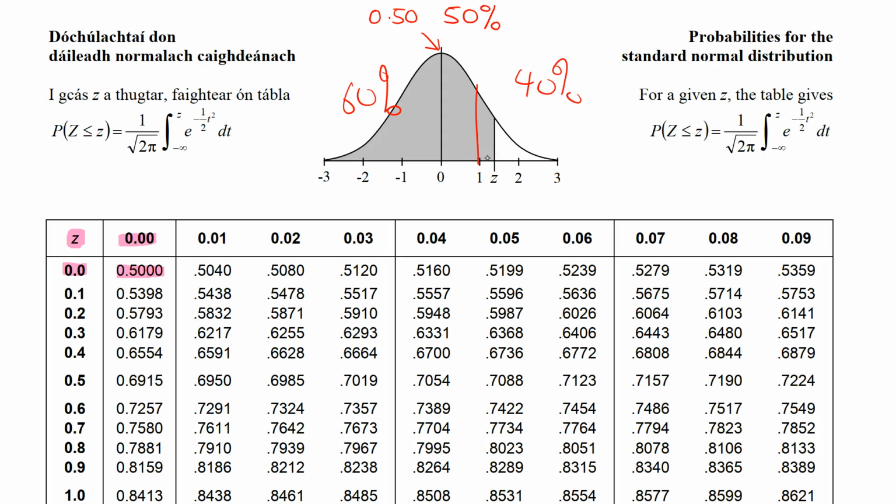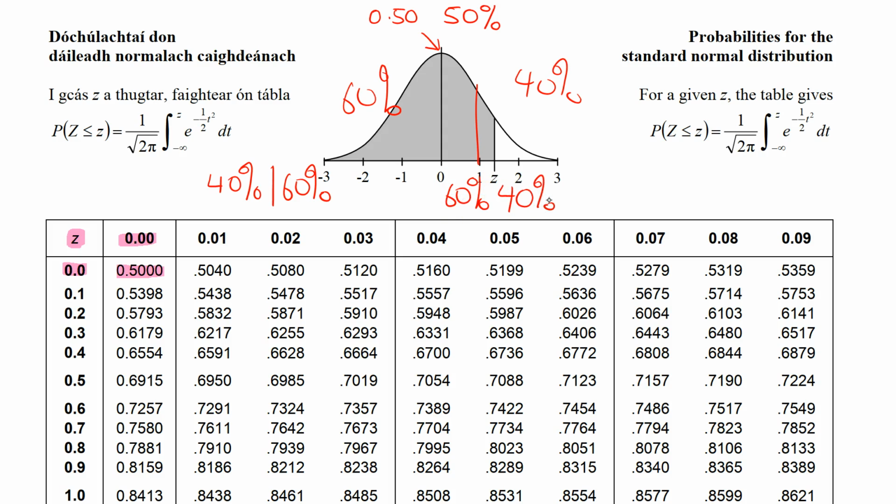So whatever the positive Z score here will be the same for the negative Z score. So a 40-60 split and a 60-40 split will have the same Z score, except one will be plus and one will be minus. Now, we could have a 40-60 split, or we could have a 60-40 split.